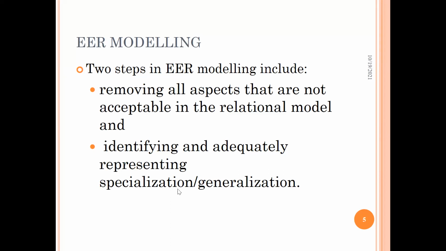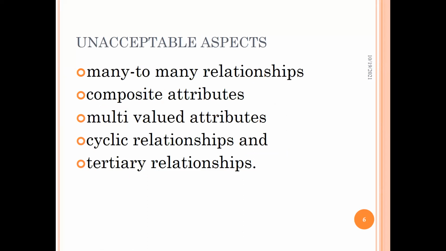So depending on what you deem fit, you can deal with these aspects at any given stage. So what are these aspects that are not acceptable in ER modeling? The first one is a many-to-many relationship. Then we have composite attributes, multi-valued attributes, cyclic relationships, and tertiary relationships.